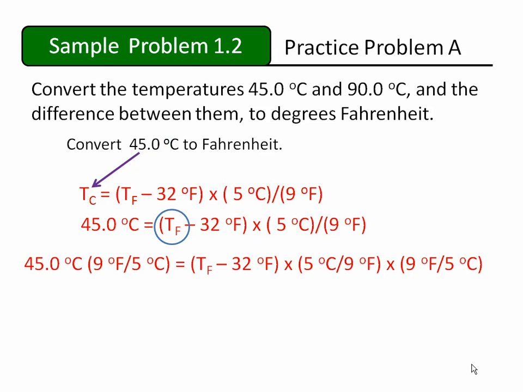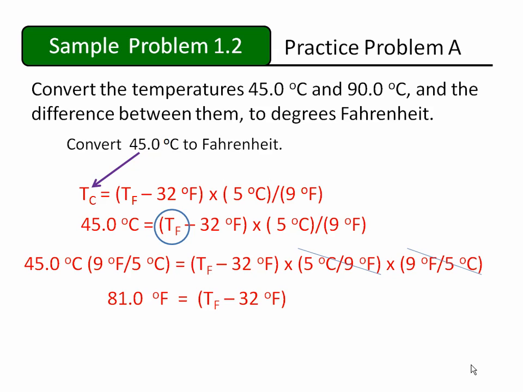Showing our work for this step will result in what you see here. The fractions on the right side of the equation will multiply to 1 or cancel one another. On the left side of the equation, we have 45 times 9/5, which results in a value of 81.